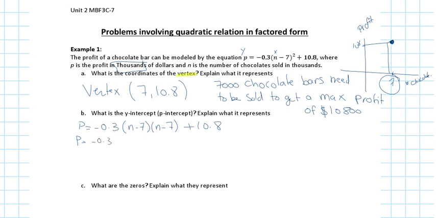So n times n is n squared. N times negative 7 is negative 7n. Negative 7 times n is negative 7n. Negative 7 times negative 7 is plus 49, plus 10.8. I can distribute the negative 0.3 in.